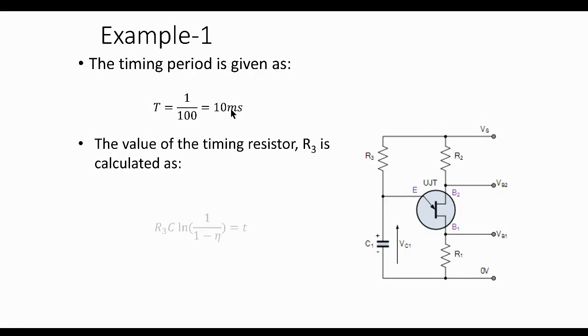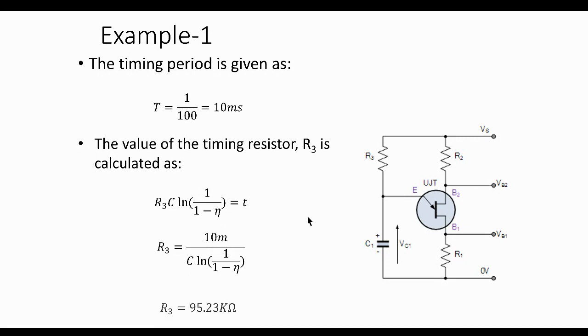If you recall the expression, we know the value of capacitance, we know the time t, and we also have the intrinsic standoff ratio, so we can substitute these values and make R3 the subject of the formula. We can do that, and we get a value of R3 of 95.23 kilo ohms. Very simple.